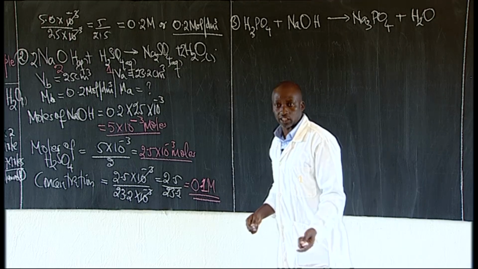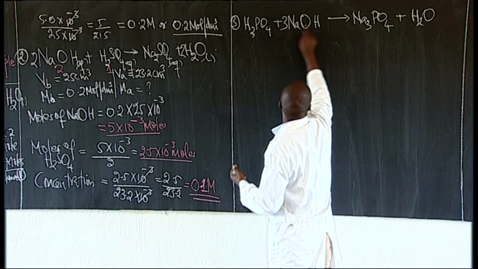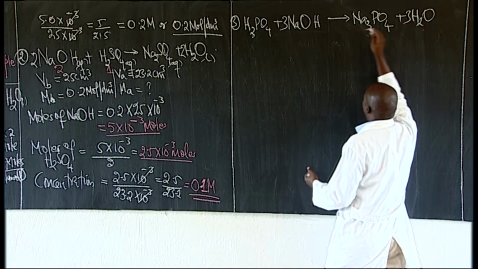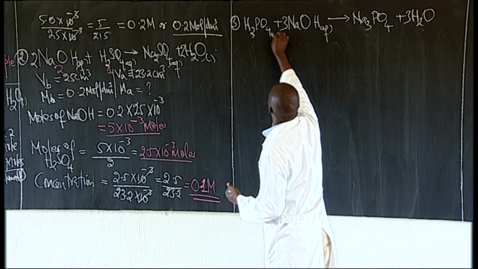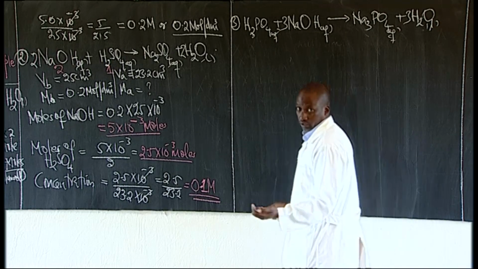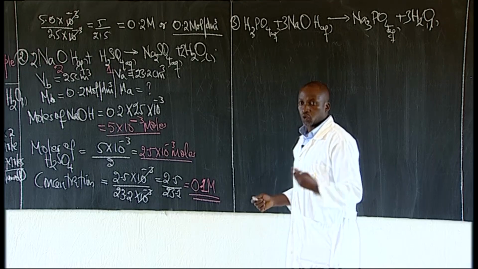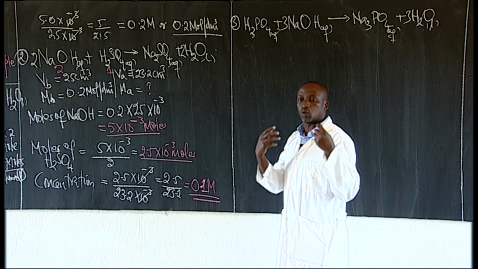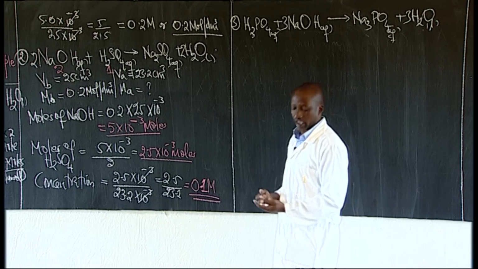You need to balance the reaction. That is very important. The sodium ions there, and you'll have water molecules. So this is aqueous sodium, and this is the liquid over there. So you have sodium hydroxide and phosphoric acid. We are looking for the concentration of phosphoric acid.